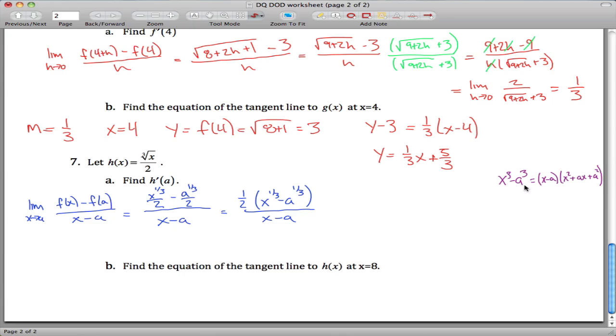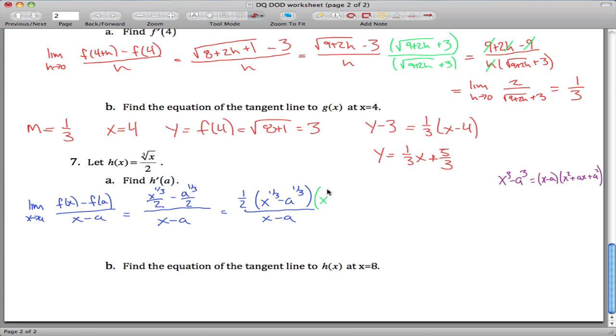So I'm going to use this formula, except my x is going to be x to the 1/3, and my a is going to be a to the 1/3. So when I cube it, I end up with just an x and an a up top. What I'm trying to say is that I'm going to multiply the top and the bottom of this equation by all this stuff.